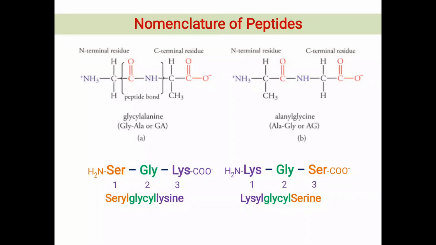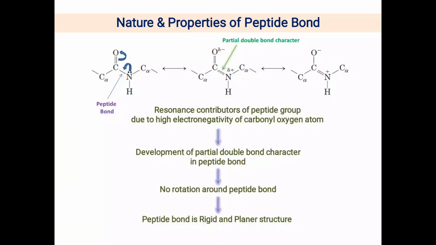Understood? Now we know very well how a peptide bond is formed, but after its formation, its nature or property becomes different. Why? Because two reactive groups of amino acids, the carboxyl group and the amino group, react together to form a peptide bond.